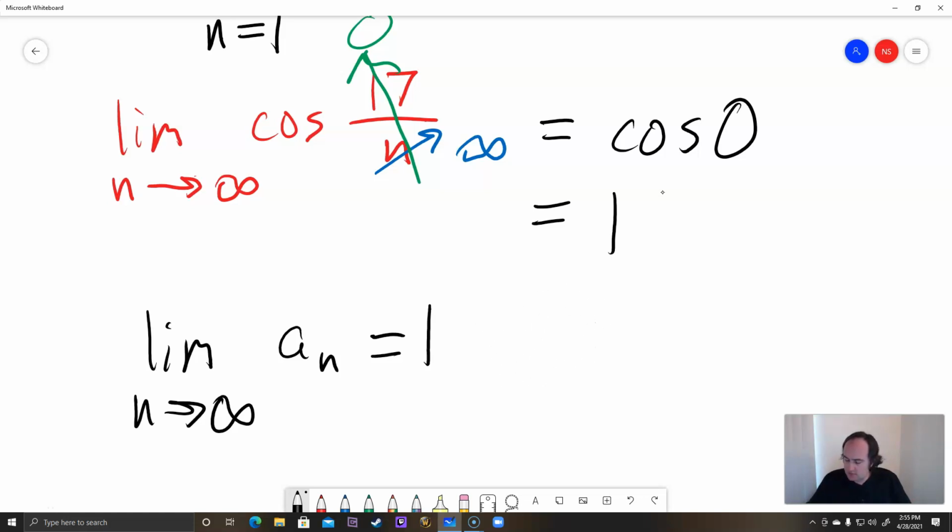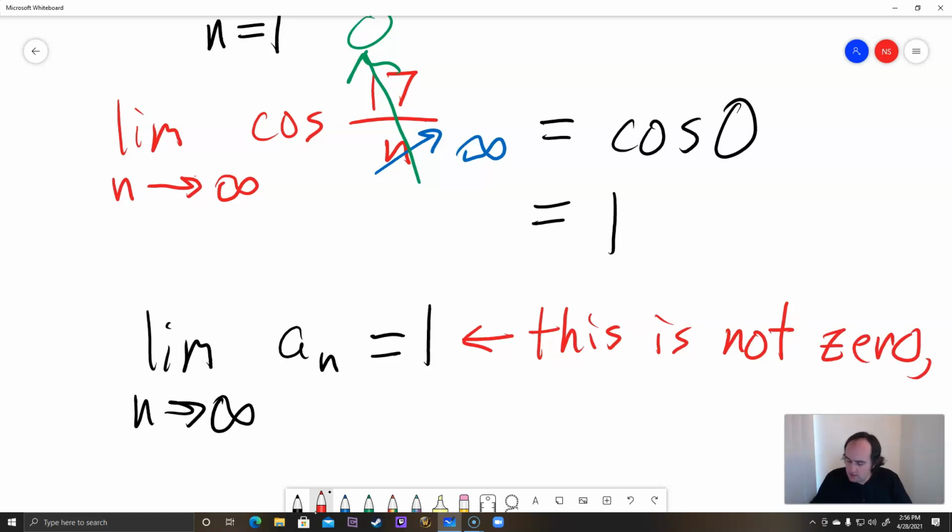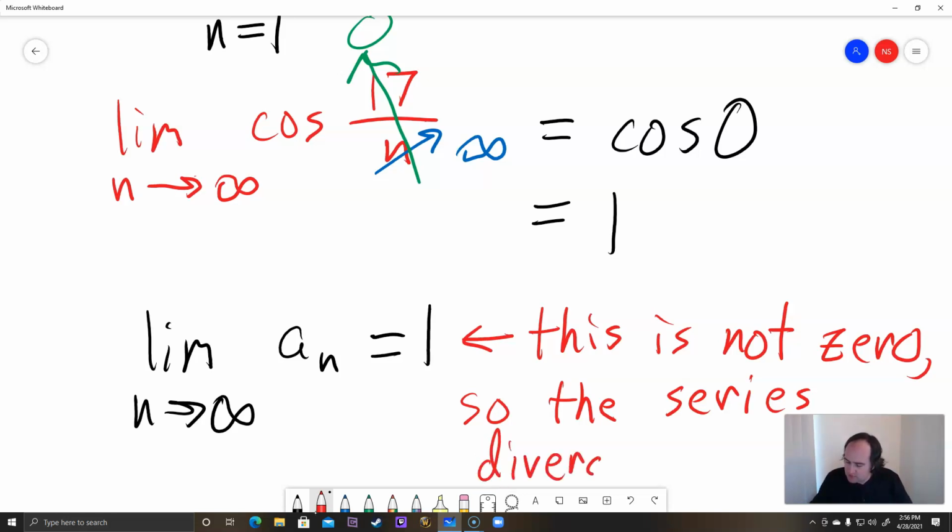Let me write it in a different color. This is not 0, so the series diverges. So if it's not 0, the series diverges.